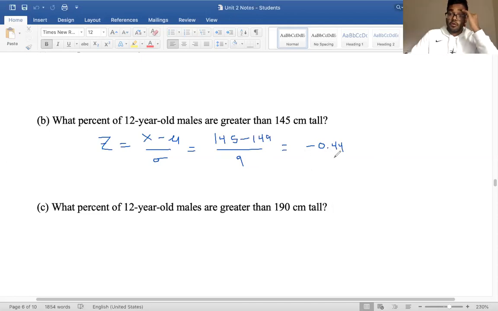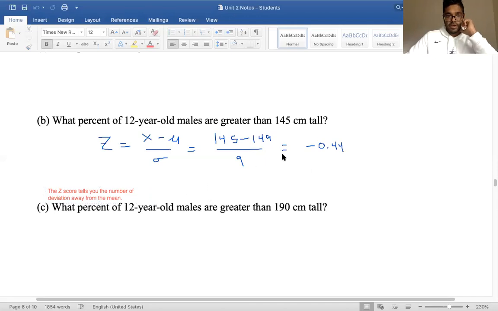We are 0.44 deviations away from the mean. That's what a z-score tells you. I'm going to write that down. The z-score tells you the number of deviations away from the mean. Keep that definition in the back of your mind. So we are 0.44 deviations below the mean.